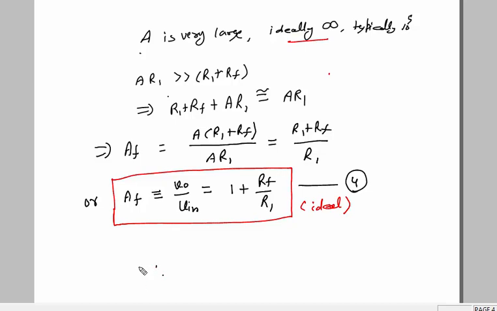Now what is B? B is the gain of the feedback network. So B by definition is VF by V naught. And VF we have already taken from voltage division, so R1 V naught by (R1 plus RF), divided by V naught.